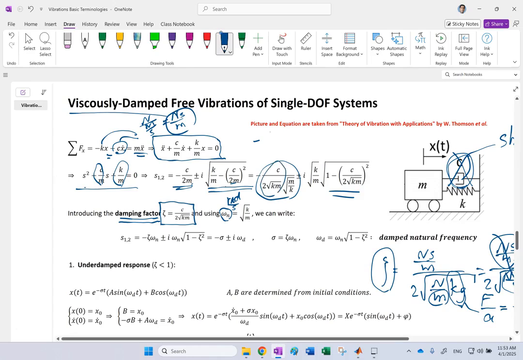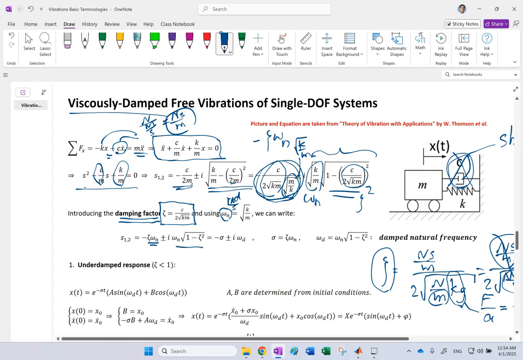This part of it is zeta, and this I can bring to the numerator and write it as square root k over m, so that part is going to be omega n. So you see the real part of your roots is simply what? Zeta omega n. And if you look at the imaginary part of it, this part, this is omega n, and this is 1 minus zeta squared.